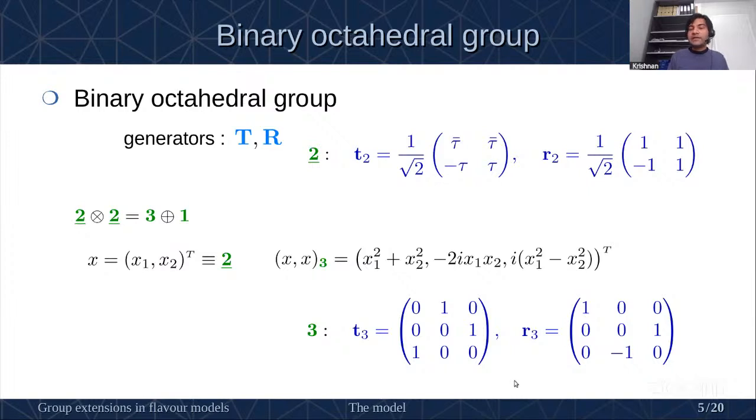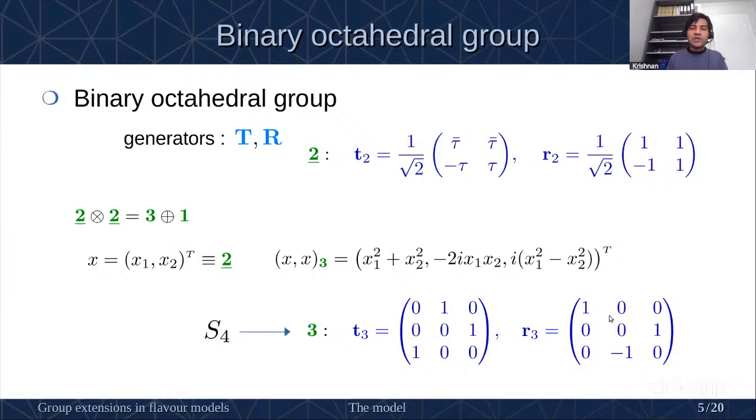And it turns out that in this case, it is 24 elements, which also makes sense because SU2 is a double cover. So for 2 elements of SU2, there exists 1 element in SO3. So you have 48 elements in the doublet representation and 24 elements in the triplet representation. So that's the basic starting point.